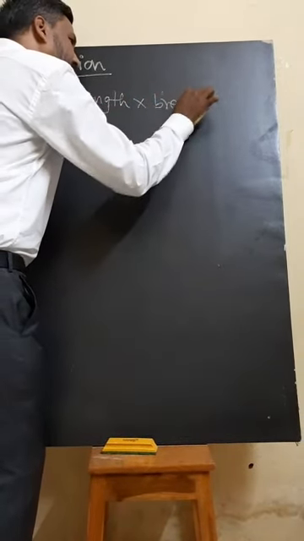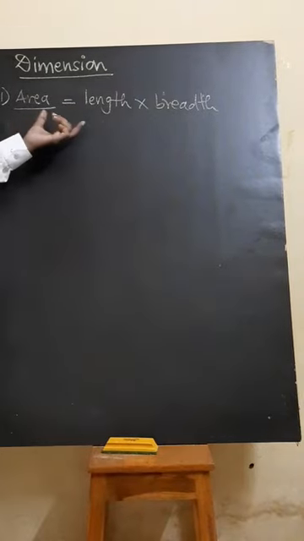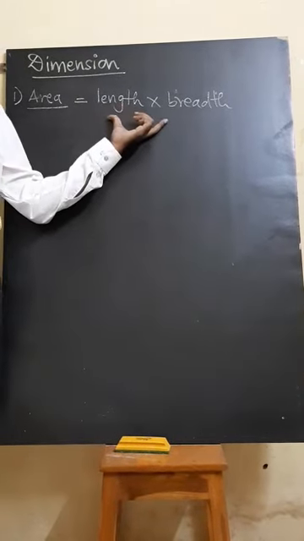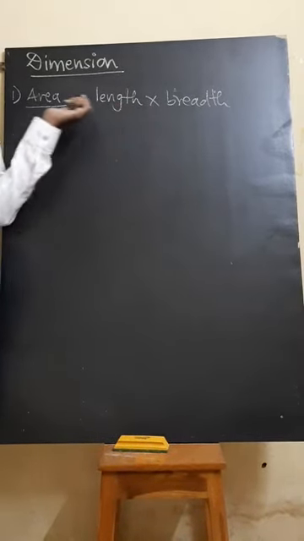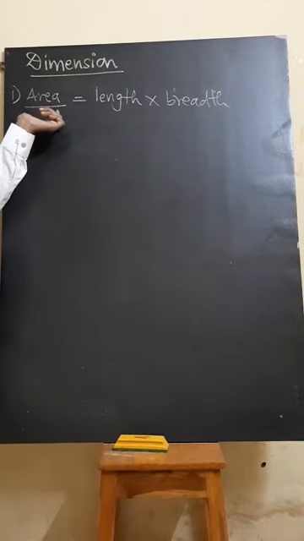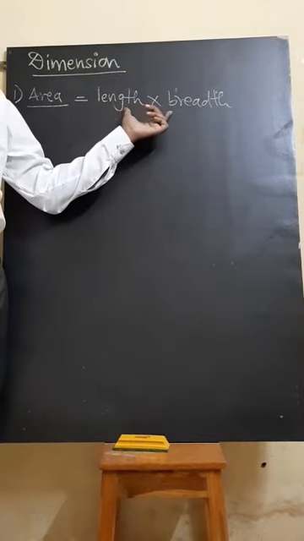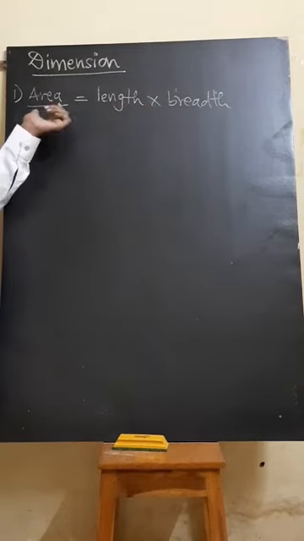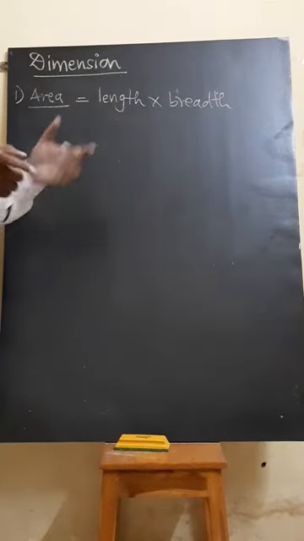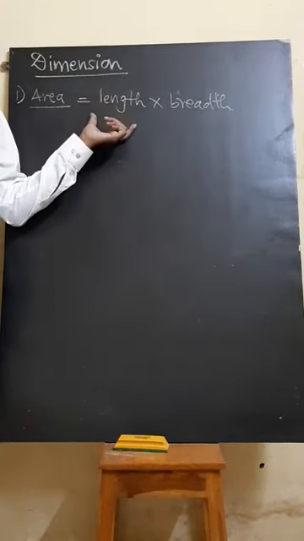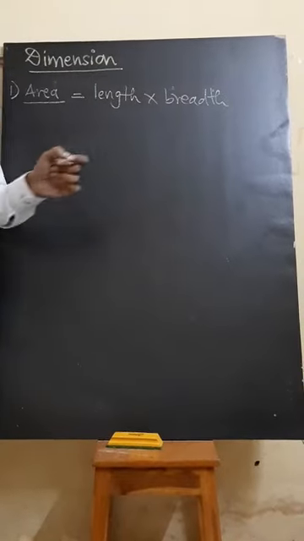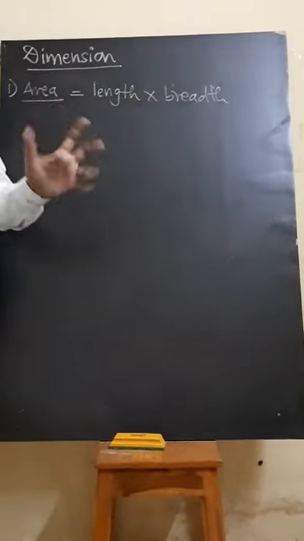Here we just revise the formulas for area. Suppose it is the area of a rectangle, then the formula is length into breadth. Area of a square is length squared. Area of a sphere is given by 4 pi r squared. If a circle is there, then area is given by pi r squared.